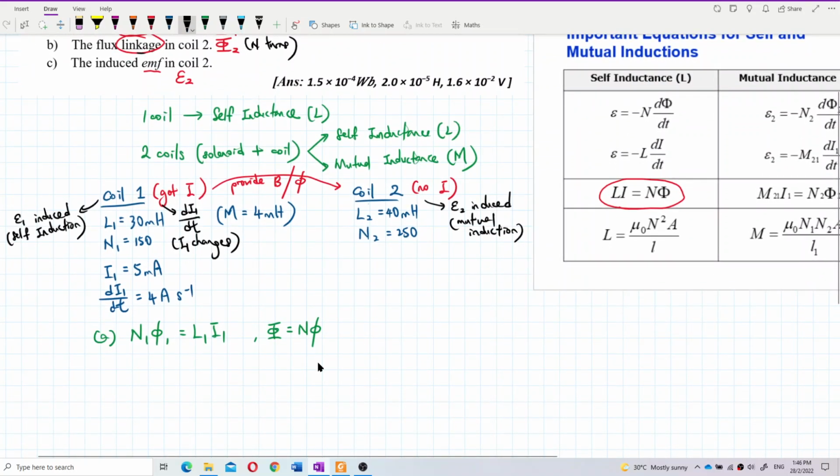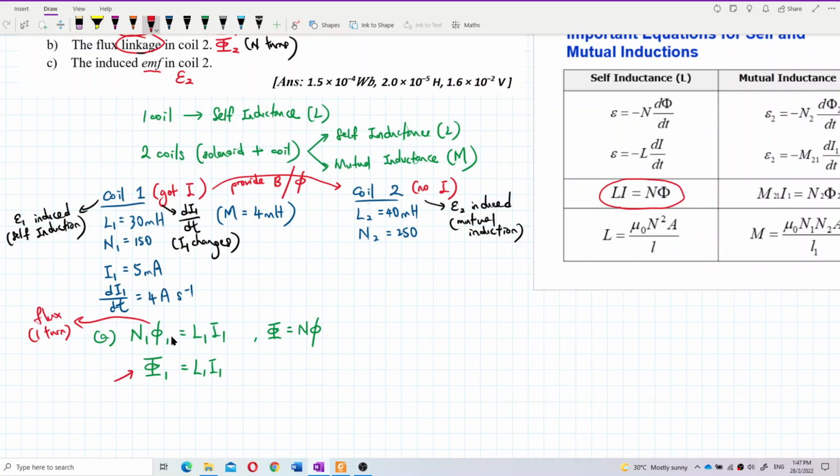So this n phi becomes the capital phi, which is what we want to find. So be careful. If the small phi is just for flux, it means only one turn. If it is called flux linkage, it means you have many turns, n turns.